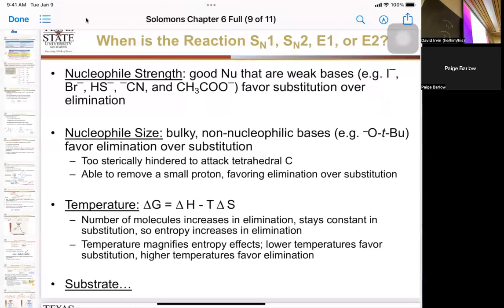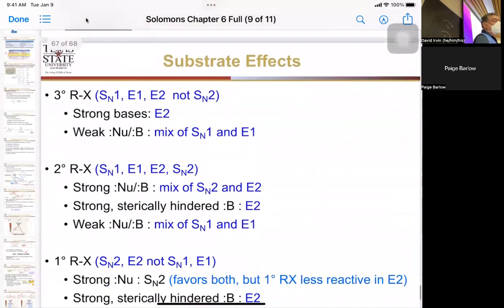At 5 degrees, you're going to see some substitution if you have a good nucleophile. At 100 degrees, if you have a base, you're going to see more elimination reactions. Because entropy is increasing, heat drives elimination. Then, of course, there's substrate effects.